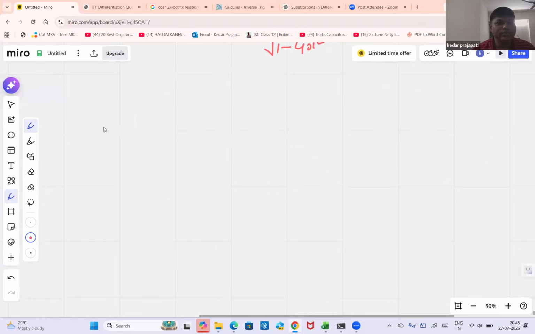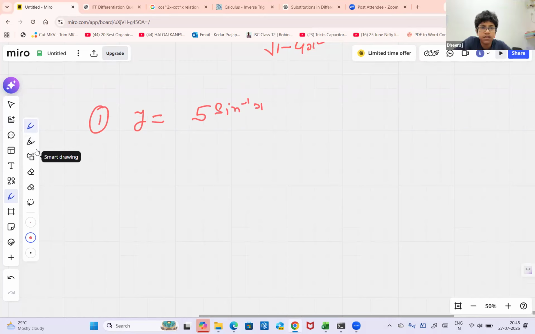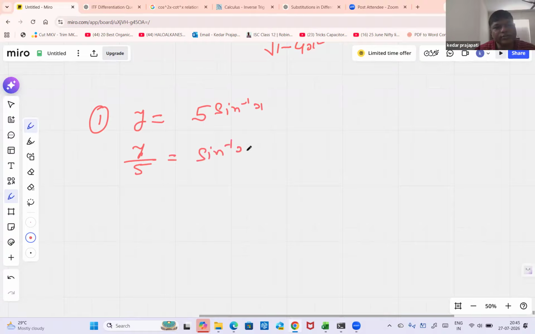The first question is y equal to 5 into sin inverse x. What will be dy by dx for this? You will write y by 5 equal to sin inverse x.